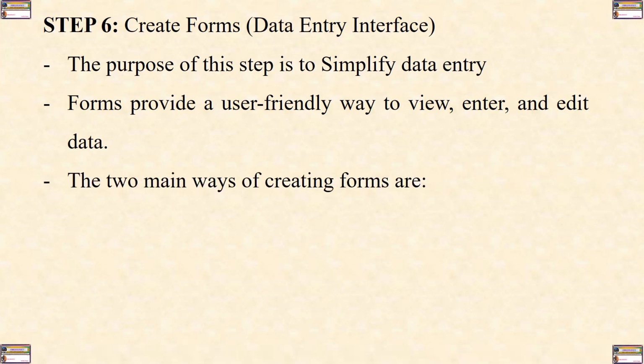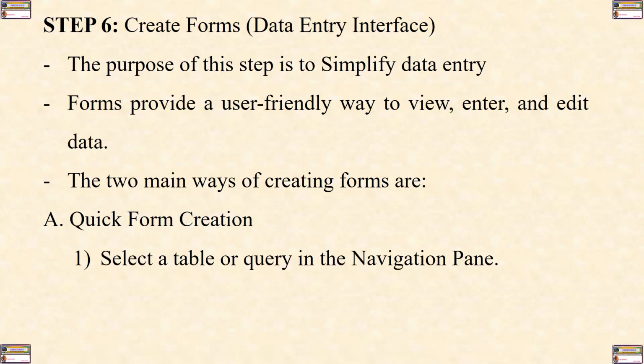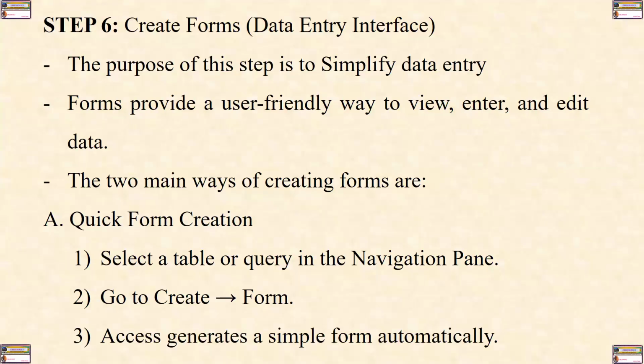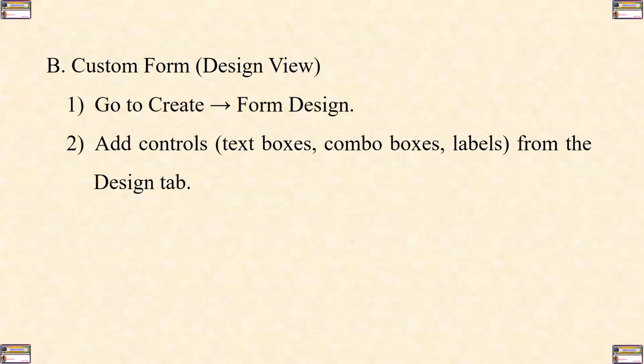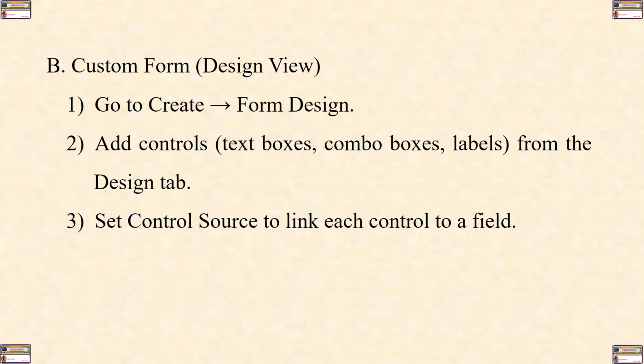The two main ways of creating forms are quick form creation, where we select a table or a query in the navigation pane, then go to Create, select Form, and Access generates a simple form automatically. The other way is creating a form through design view, where you go to Create, Form Design, and add controls, text boxes, combo boxes, labels from the design tab.